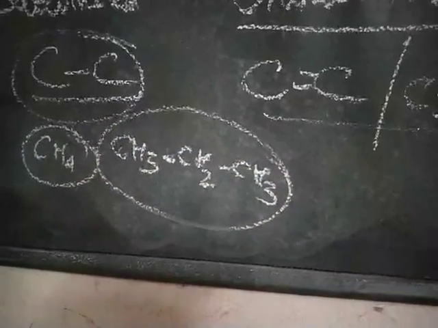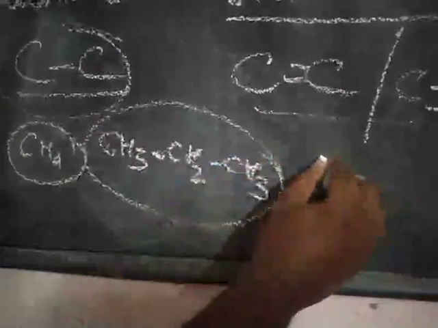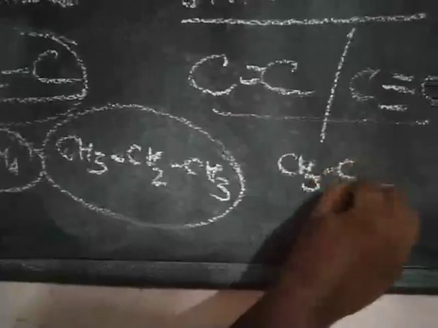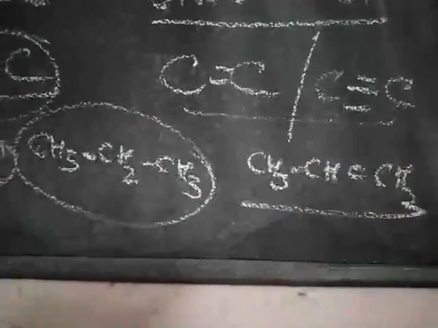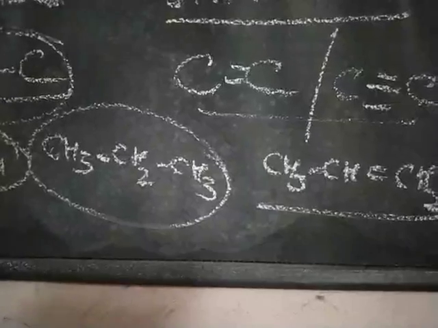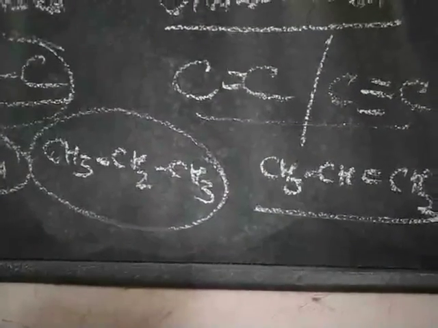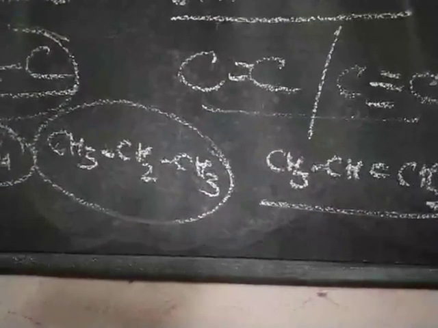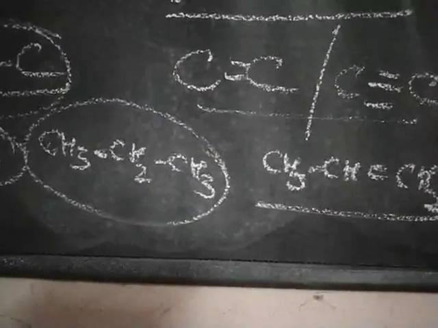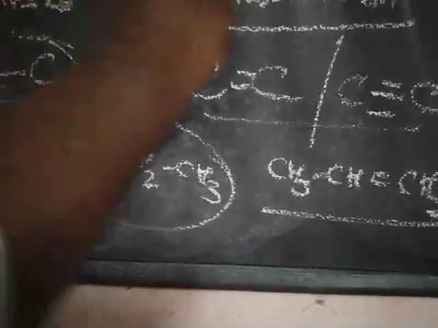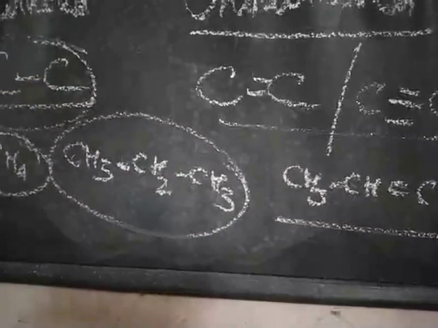That is called propane. Here, CH3, single bond CH, double bond CH2. So acyclic or open chain compound can be classified into two types, saturated and unsaturated, based on the carbon atom linkage.